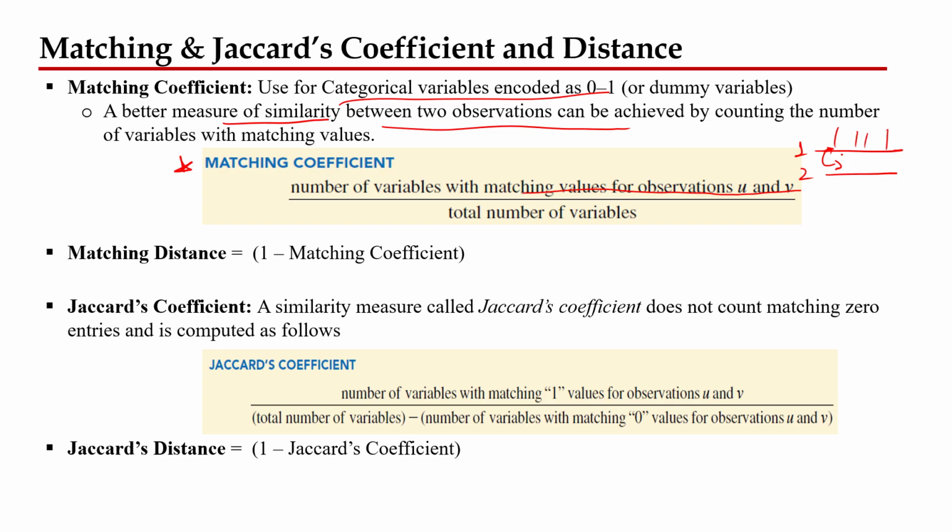The values are either zeros or ones. If they are similar, that is the numerator, divided by the total number of features we have. Let me show you how to calculate the matching coefficient with an example, and then I will come back to this part.